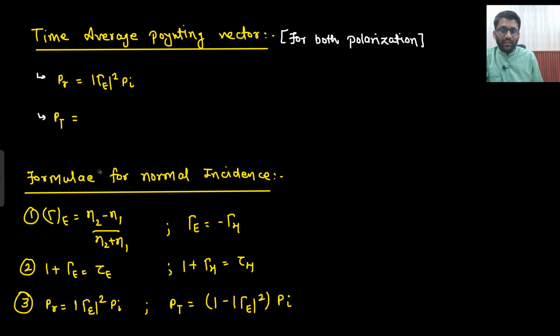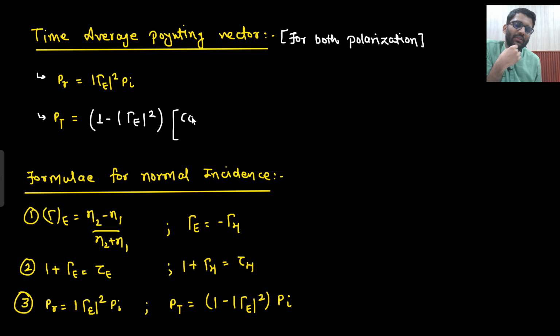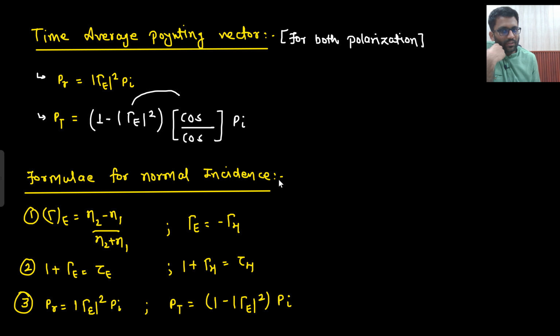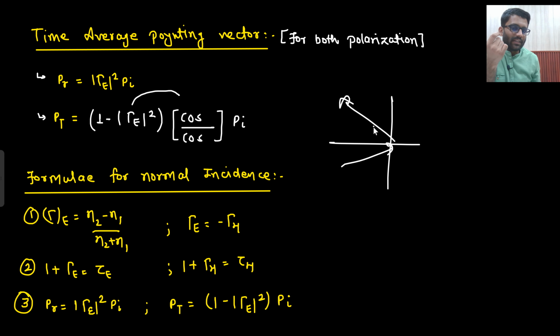But the transmitted power is something different. What is that? 1 minus gamma E square. Now here something would come: cos of some angle divided by cos of some angle, times Pi. Gamma is associated with reflection, right? And for reflection, you need to take the theta I angle into action.